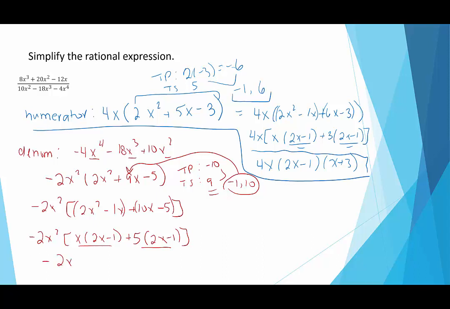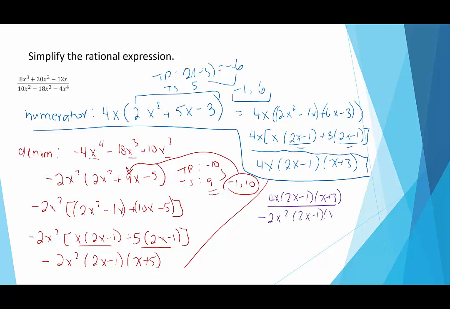So we have negative 2x squared times 2x minus 1 times the leftovers, x plus 5. Putting this all together, the numerator over the denominator, we have 4x times 2x minus 1 times x plus 3 divided by negative 2x squared times 2x minus 1 times x plus 5.